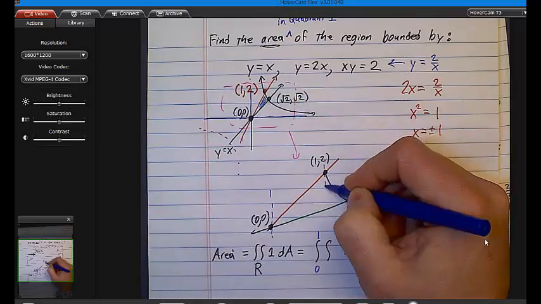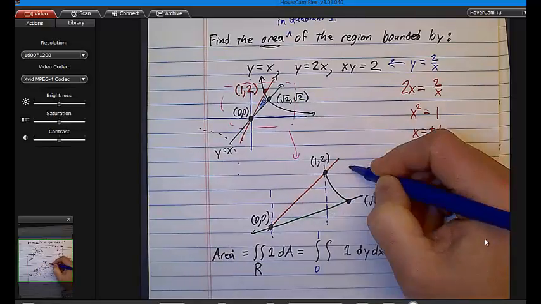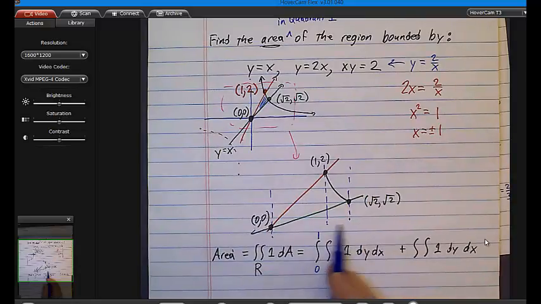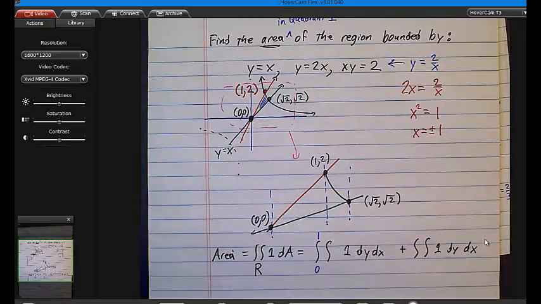That's right here. But then we want to change for this part. Why? Because the upper function, the top function, has changed at that point. Do you see that? That's the kind of thing you want to look for on these regions that are more complex.